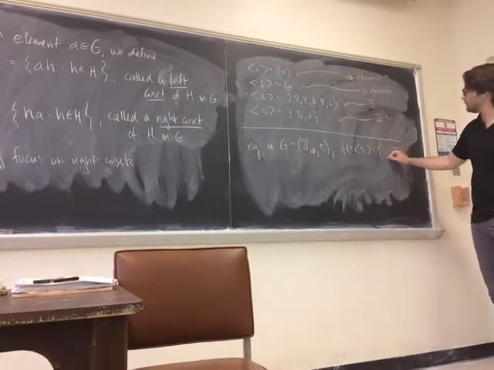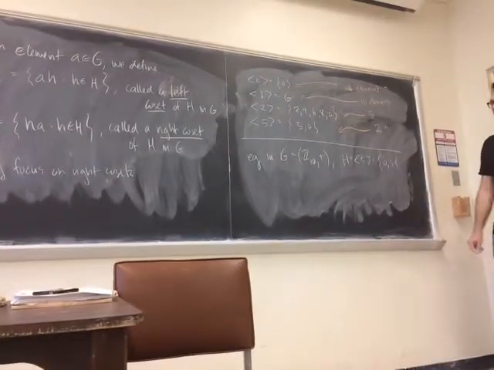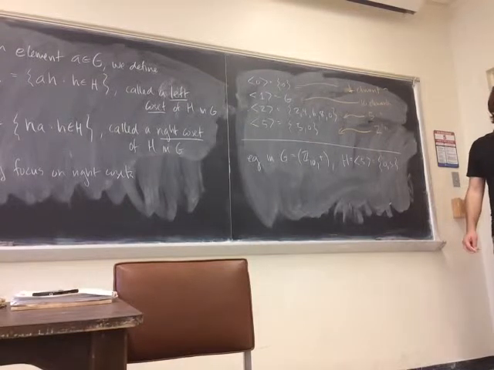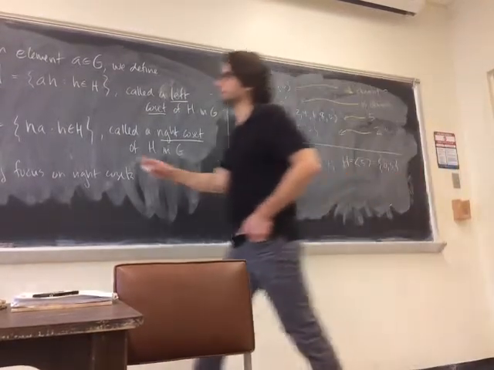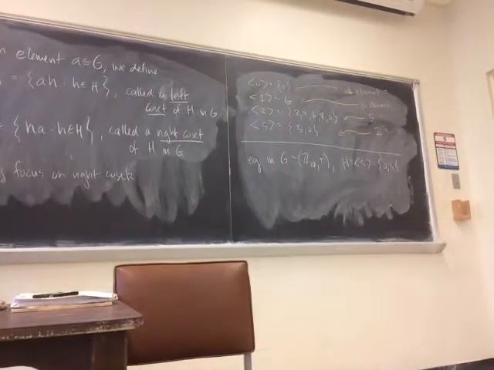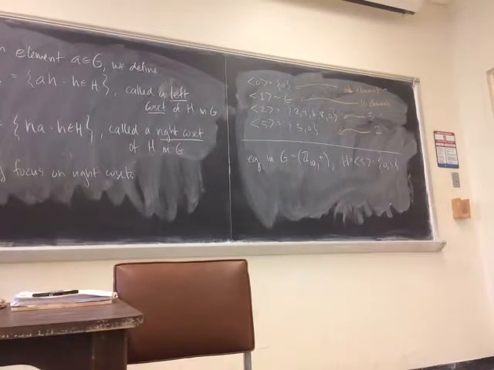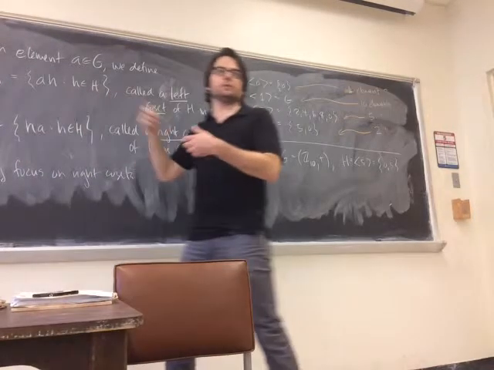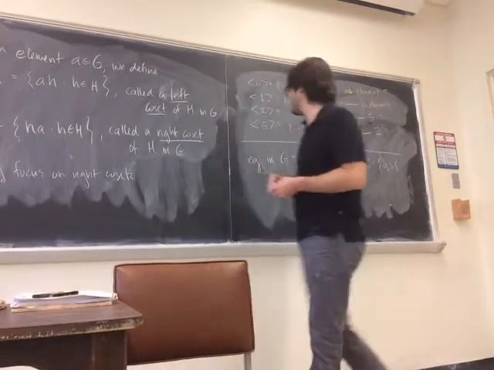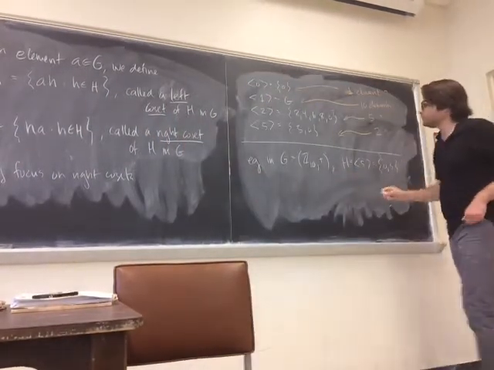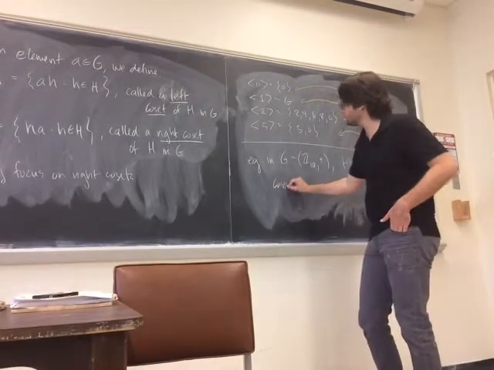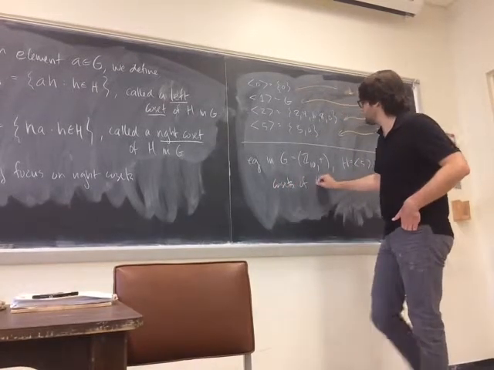So this is just 0 and 5, right? Okay, so let's just back up for a second. The data of a coset is a group with a subgroup, and then you pick an element of the group and you do something, right? That's somehow the procedure. So let's ask, what are the cosets of H in G?